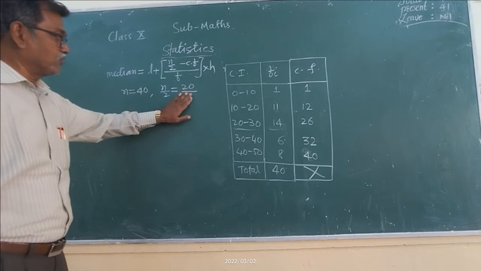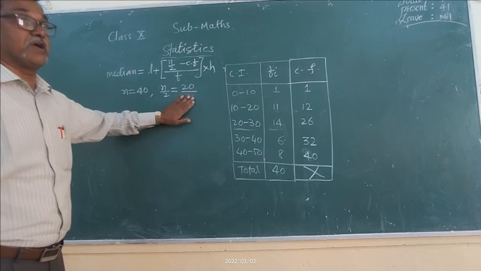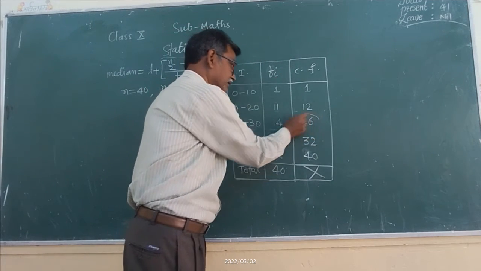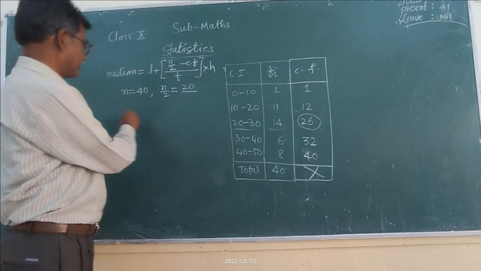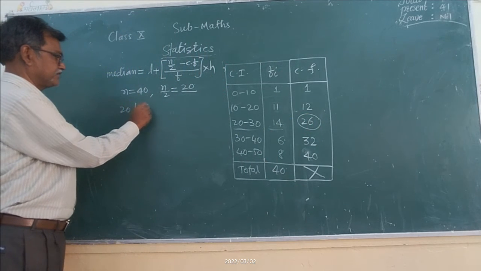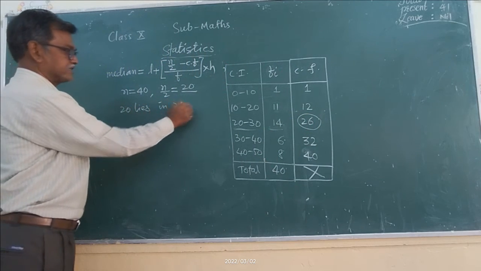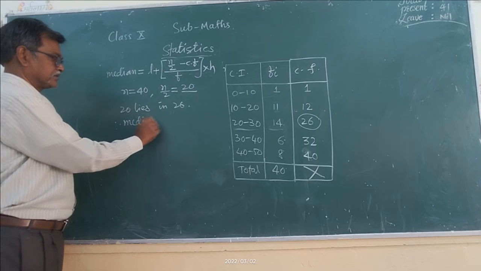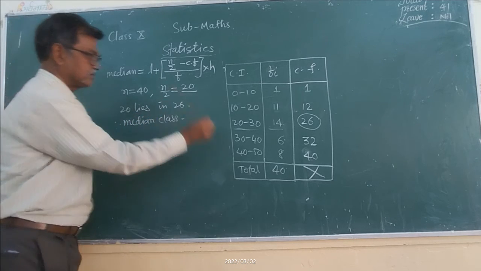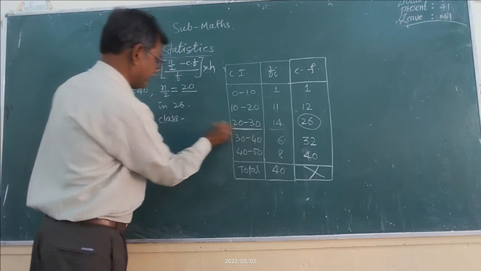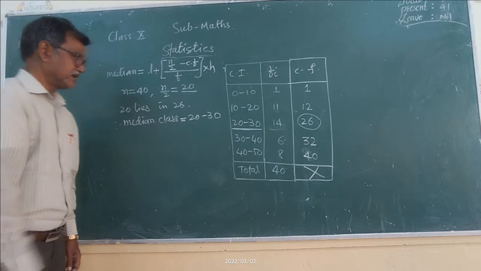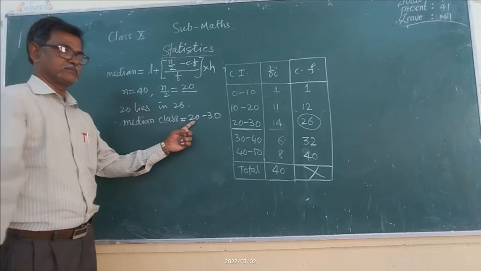Now the value 20, the 20th observation, in which cumulative frequency does it lie? It lies in 26. Therefore the median class is 20 to 30.